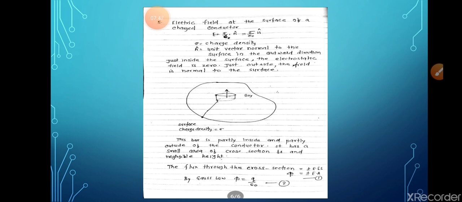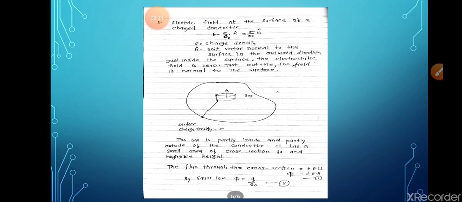So just inside the conductor, the electric field will be 0. What will be the field just outside? The flux passing through the delta S area is E dot delta S, equation 1.